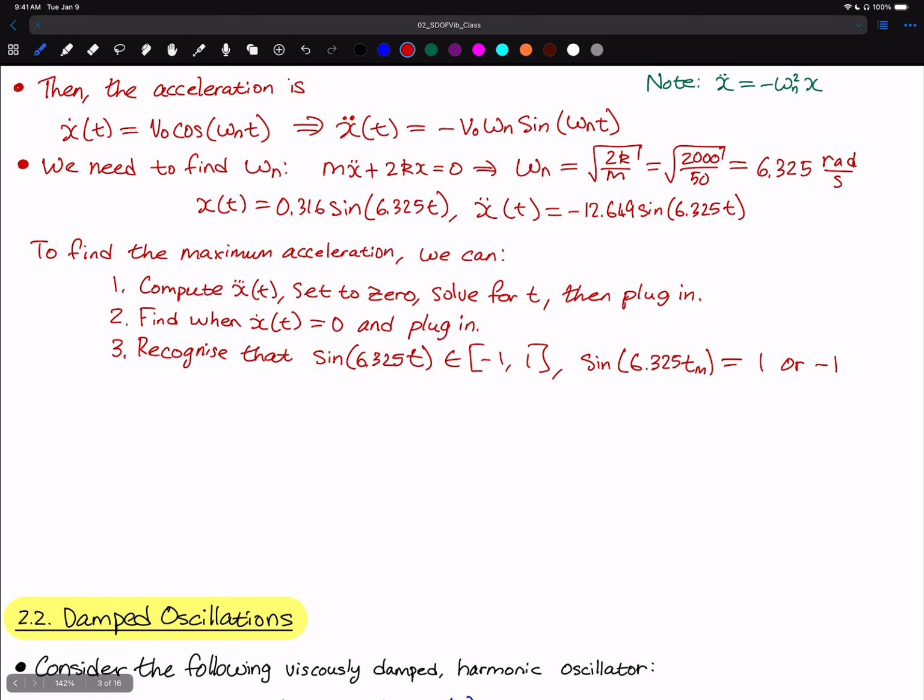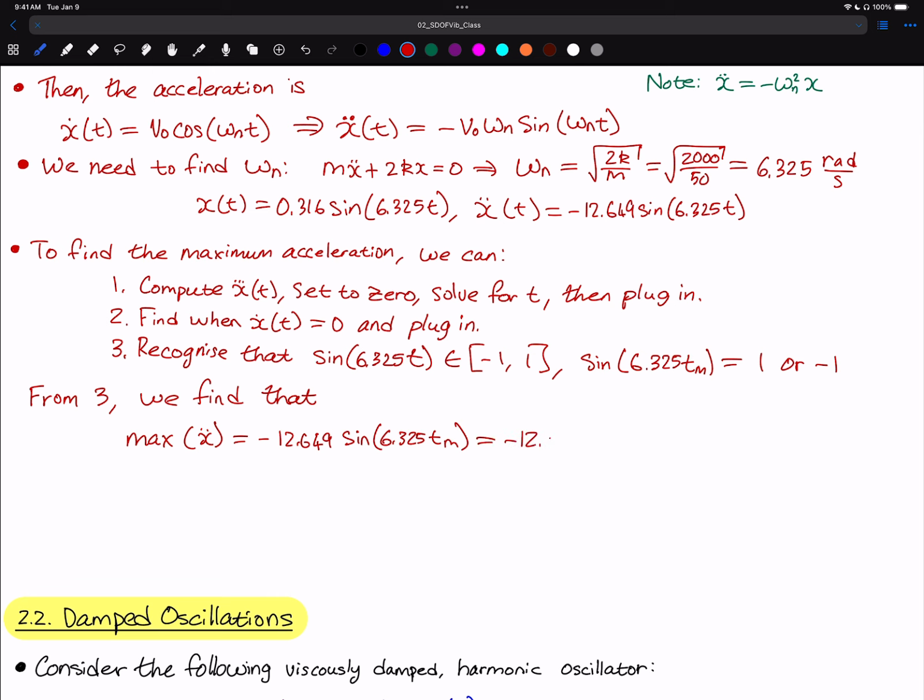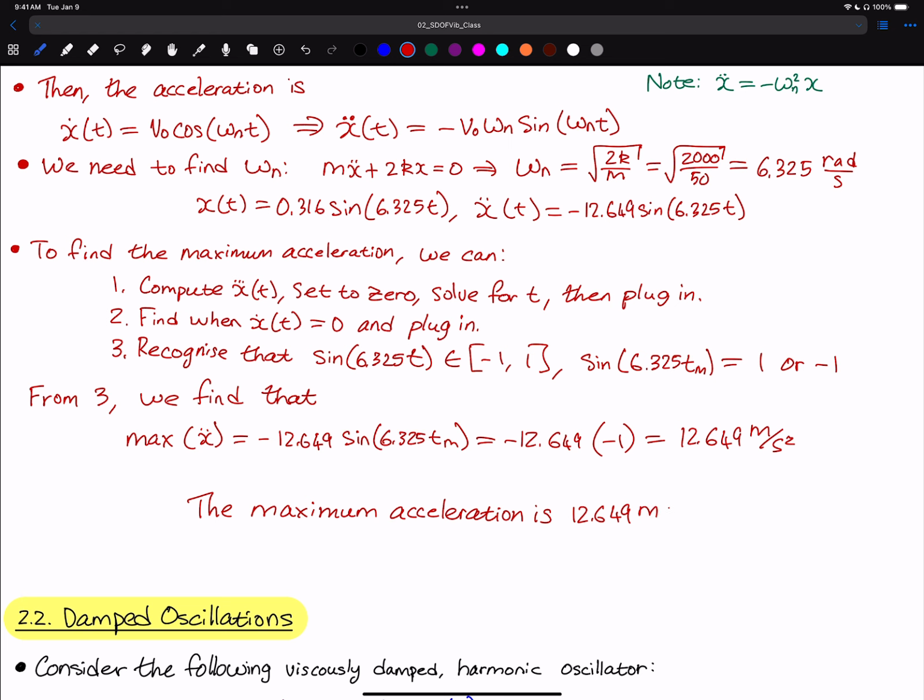And then what we'll see from there, if we go with number 3, we find that the maximum value, max x double dot, must be equal to minus 12.649 times the sine of 6.325 t m, which is equal to minus 12.649 times -1, equal to 12.649 meters per second squared, such that the maximum acceleration is 12.649 meters per second squared.